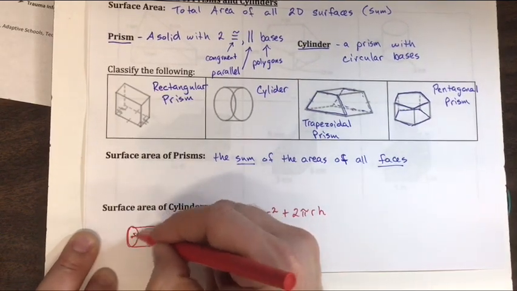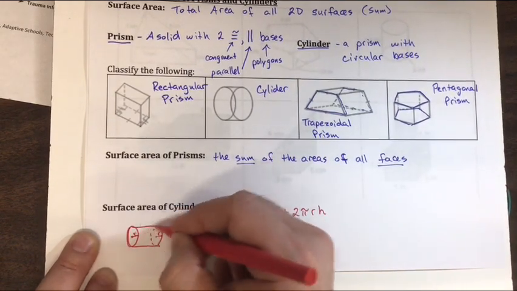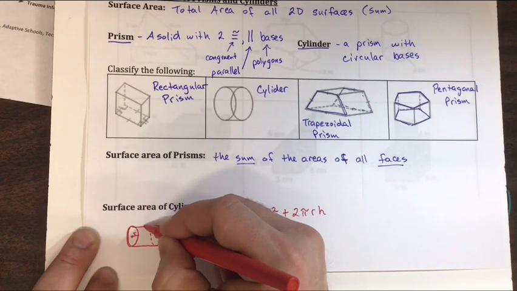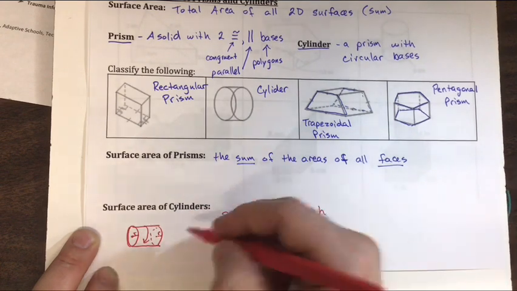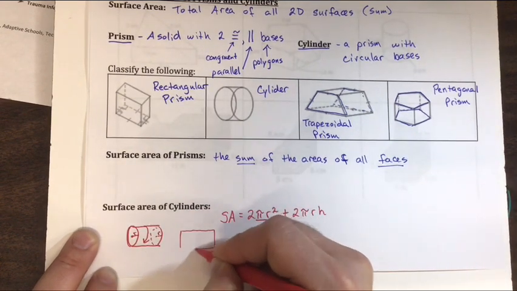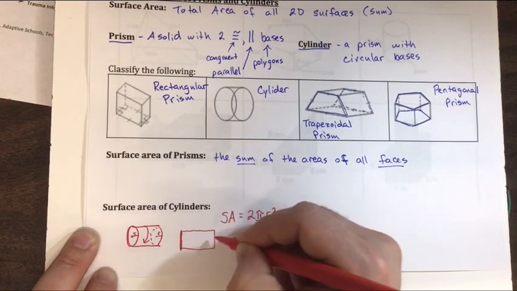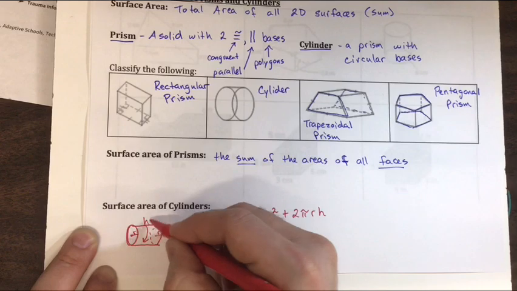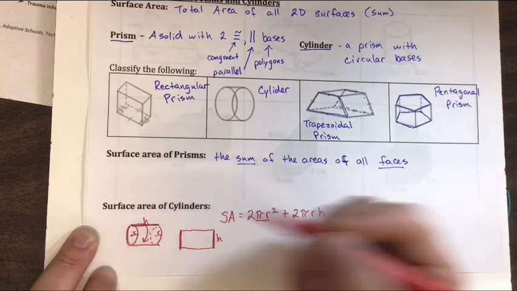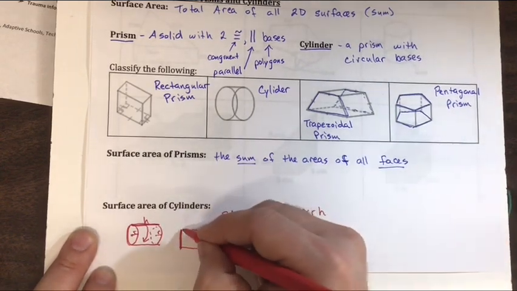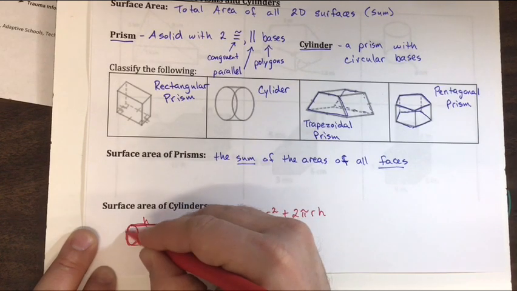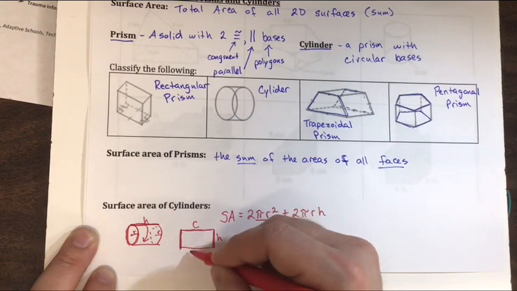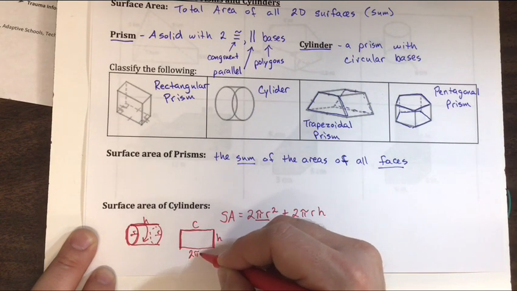And then this curved surface, if I were to cut this cylinder apart and open up this surface like that, we would get a rectangle, where the height of your rectangle is the height of your cylinder. The distance between those bases has to be the height of the cylinder. And then when I cut this circle open, this becomes the circumference of a circle, which is 2 pi r.